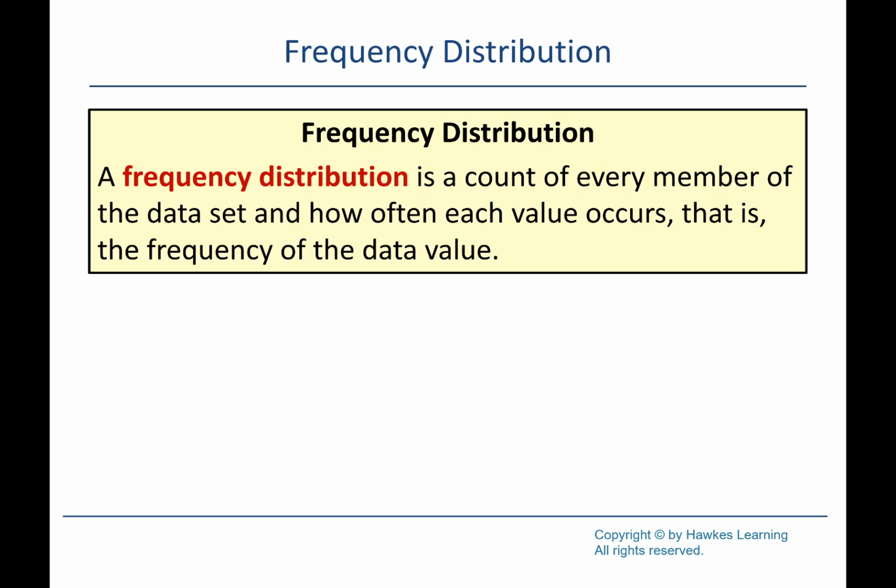The first one we're going to look at is called a frequency distribution, and we will see a more typical graph version of this in a little while. The idea of a frequency distribution is that we list out the possible values that we get out of our data, and then we just have a count beside each one of those about how often that data value occurs. That count is what we call the frequency. How frequently does that data value occur in our data set?